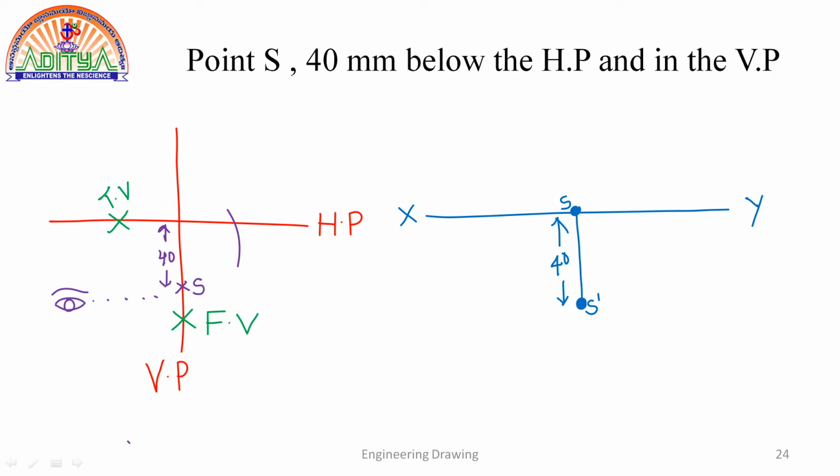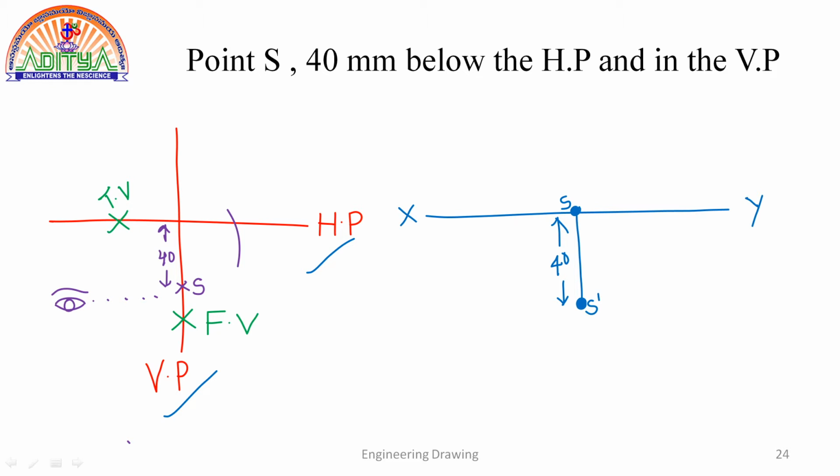Because in our quadrant system we have only four quadrants: first quadrant above HP in front of VP, second quadrant above HP behind VP, third quadrant below HP behind VP, fourth quadrant below HP in front of VP. But in that quadrant system we have not seen a point on HP or on VP. That's why, when the point is on HP or on VP, we draw the horizontal plane and vertical plane.